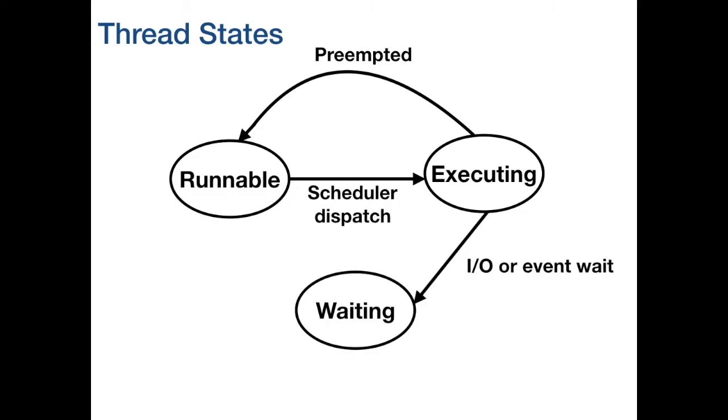If the thread gets blocked due to an I/O operation like read-write on disk or network operation or waiting for an event from other processes, then it is placed in the waiting queue until the I/O operation is complete. Once it is complete, it is placed back onto the ready queue.